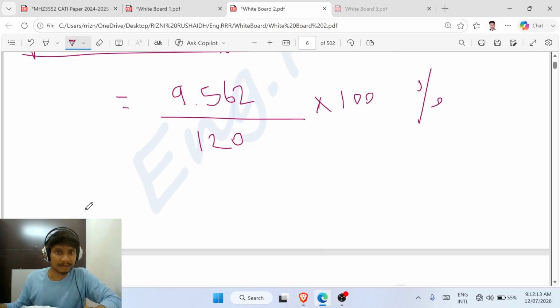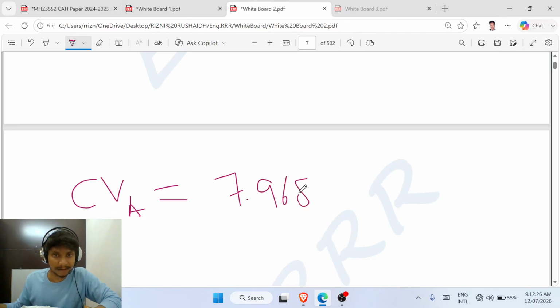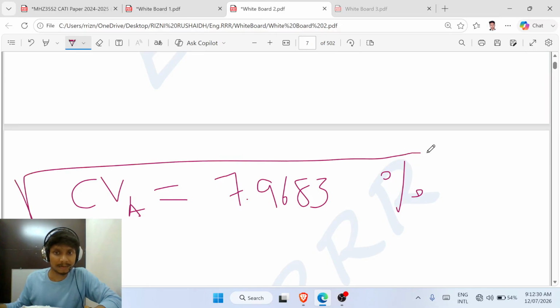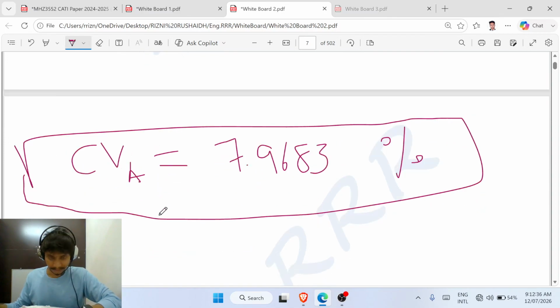Our CVA will be equal to 7.9683 percentage. Okay, CVA is equal to 7.9683 percentage. Correct.